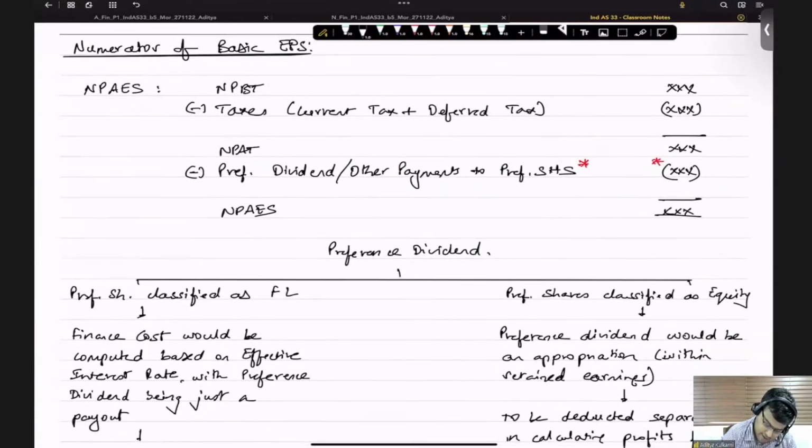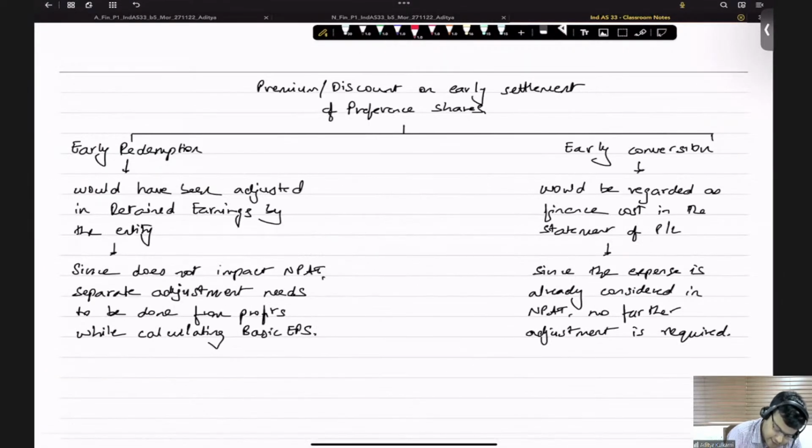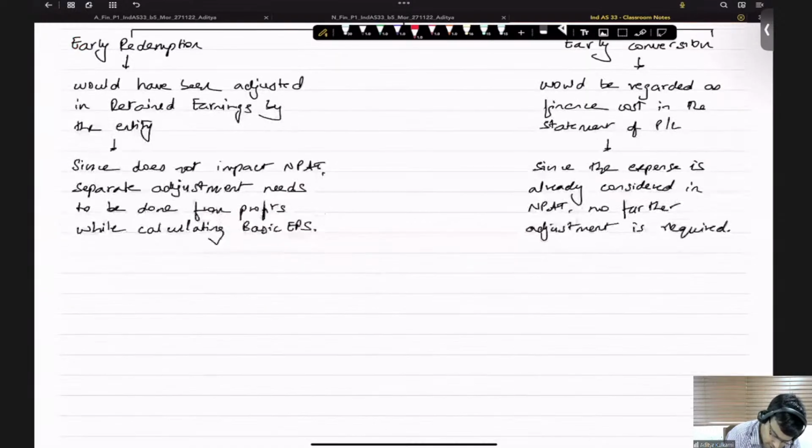Numerator less. In this case, first one is preference dividend. Second is premium or discount on early settlement.